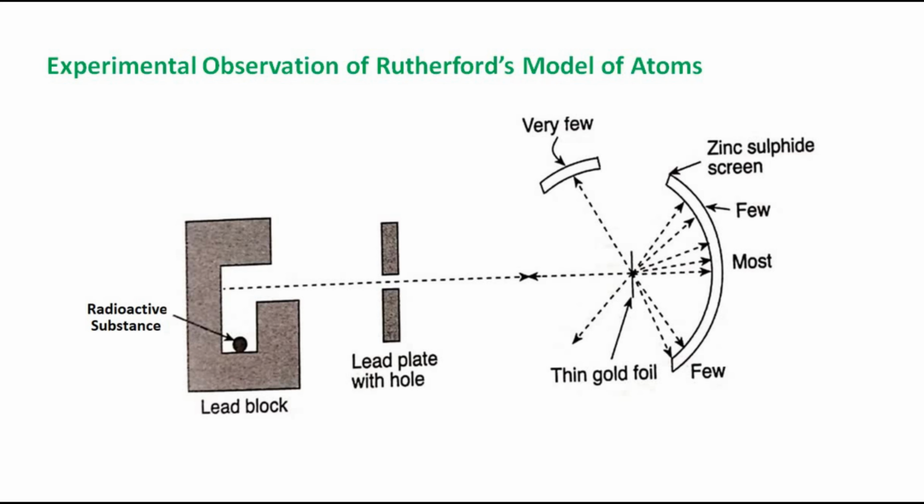When alpha particles collide with the zinc sulfide screen, they emit light flashes. Most of the alpha particles, around 99%, directly pass through the gold foil without any deviation. Only a few alpha particles deviated through a small angle, and only a few alpha particles are deflected with an angle greater than 90 degrees or rebounded in the back direction, as shown in the figure.